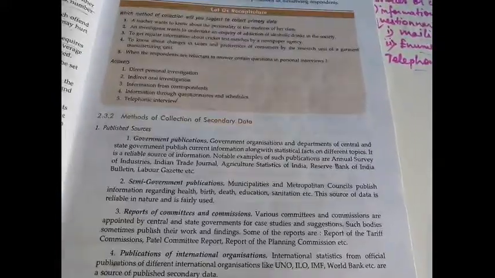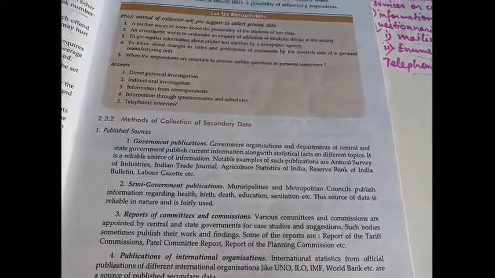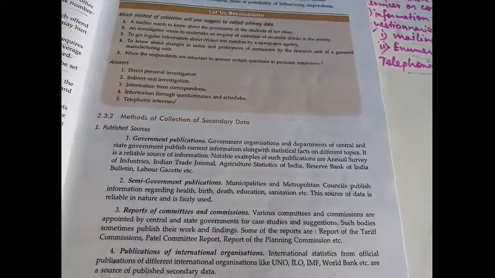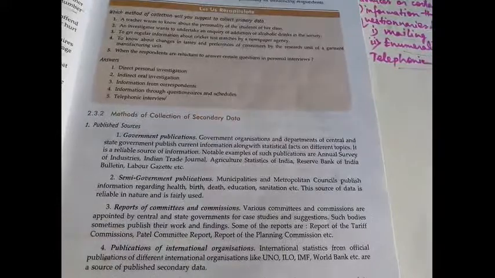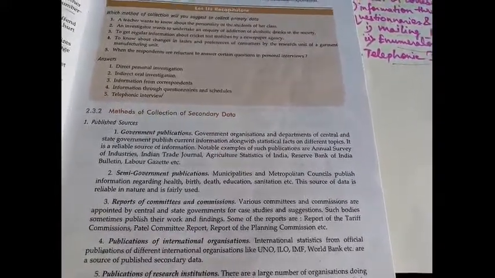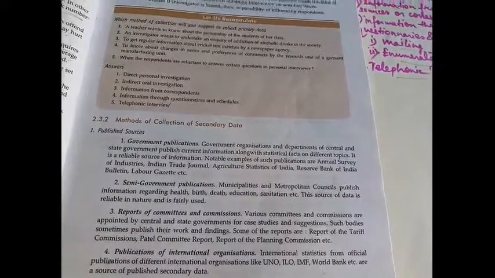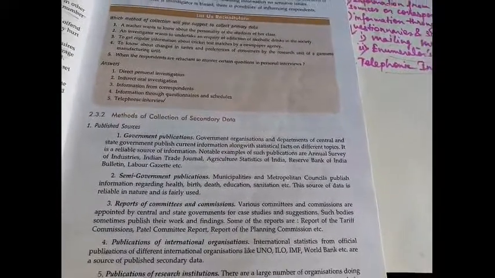They will provide you good and reliable data. That much trust you have. Now where did this trust come from in your mind? Because this is all our government sector.